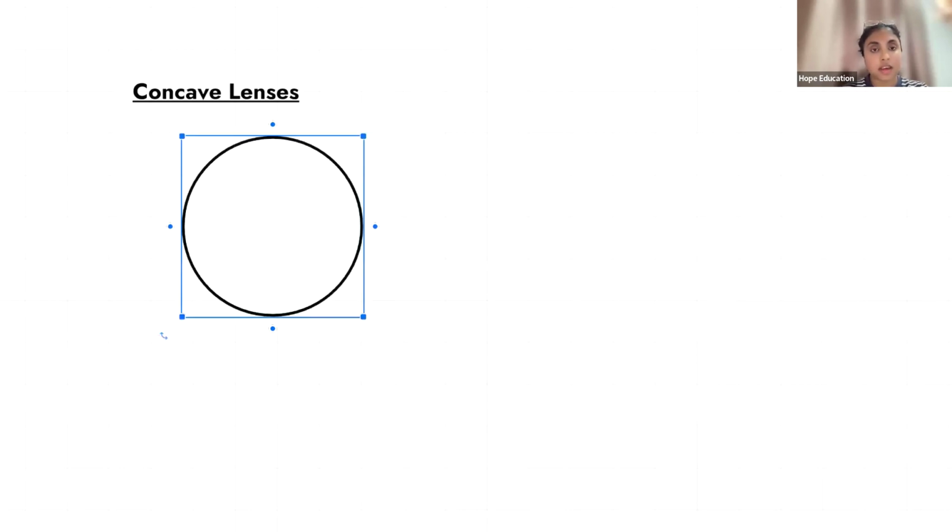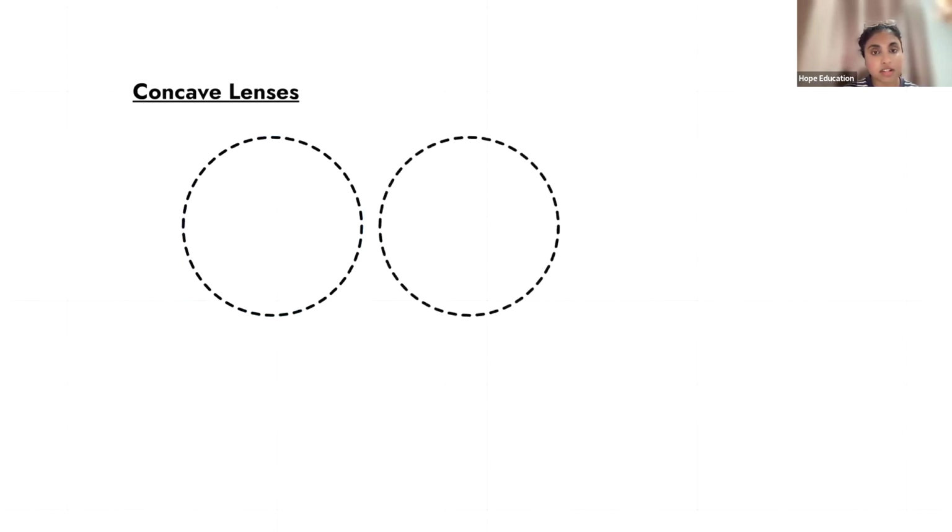Make an imaginary sphere, and another imaginary sphere, like that. So this is the center of the first imaginary sphere. This is the center of the second imaginary sphere. Okay. And our concave lens is between these two imaginary spheres. So this is our concave lens.